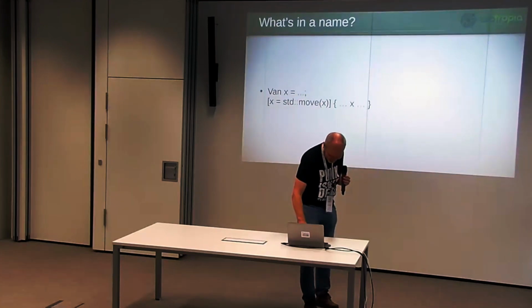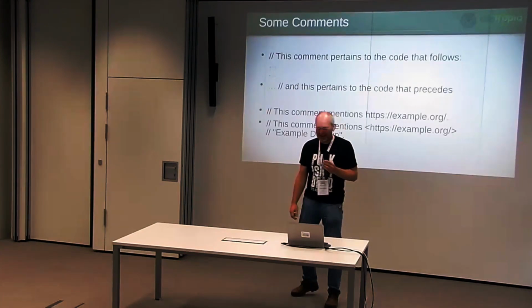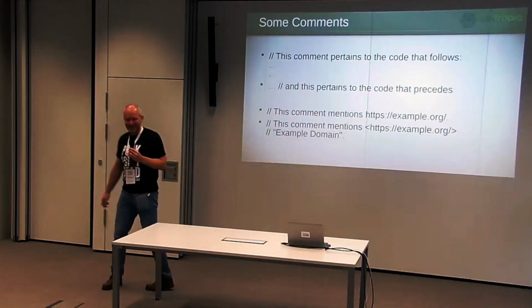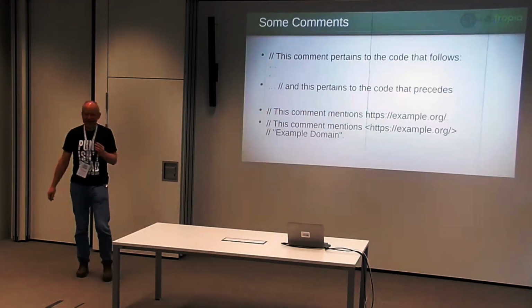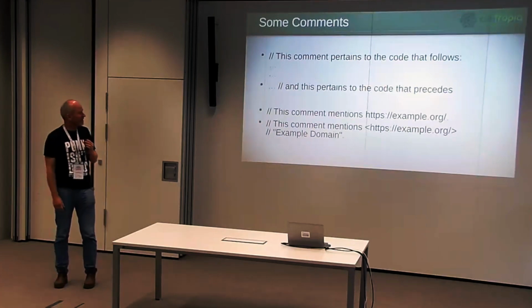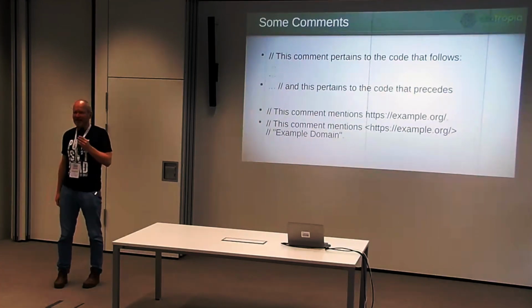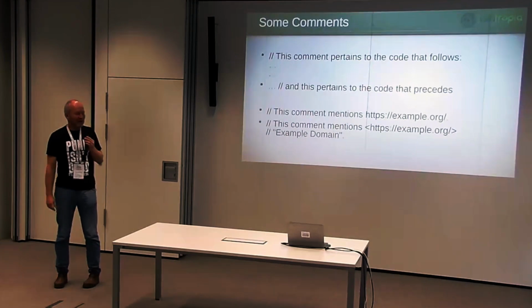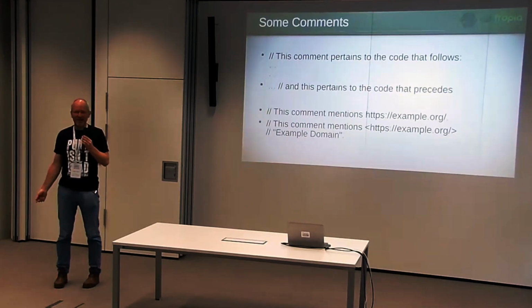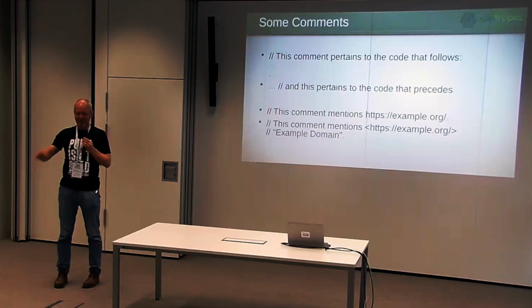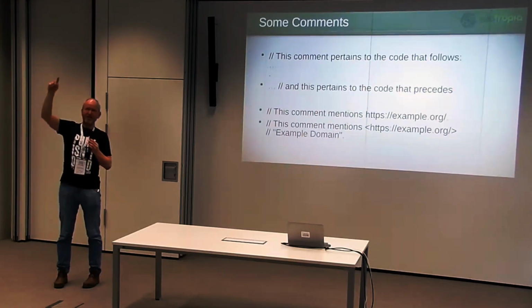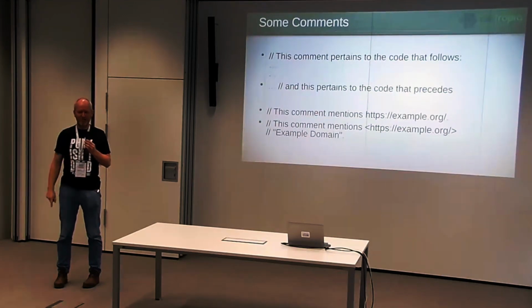So getting back to something more fundamental, not even C++, but maybe relevant for other kinds of languages as well. We have comments. And it's often, if there's a long list, for example, a long list of enum values, and there's a comment in the middle talking about one of these values, does it talk about the value above the comment or below the comment?